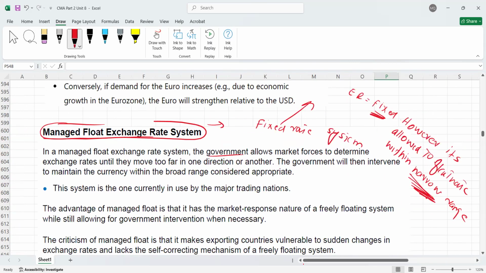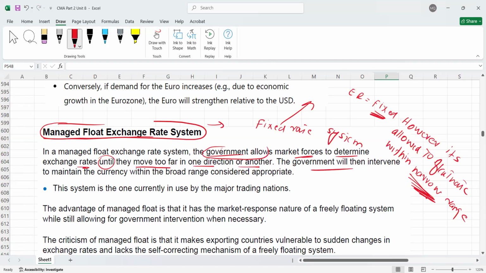They're saying that in a managed float exchange rate system, the government allows the market forces, meaning demand and supply, to determine the exchange rate until they move too far in one direction or another. As I told you, here the range will be wider.